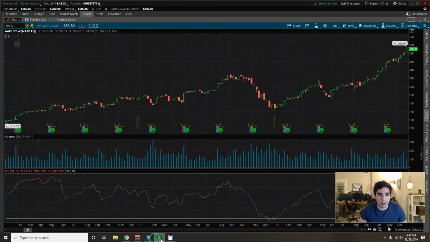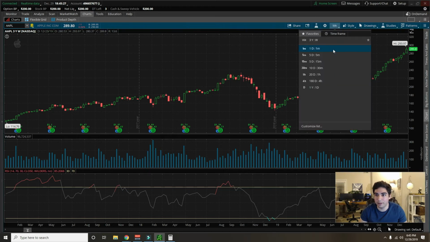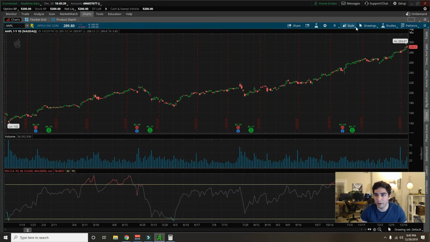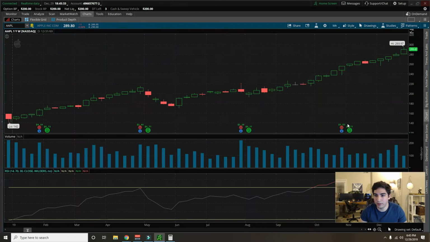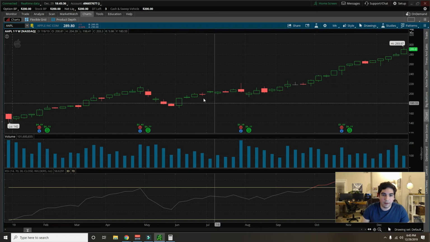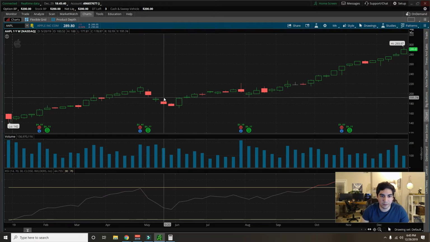If we look at Apple on this, the 3-year graph, let's look at a 1 year and by the week. This is when the trade deal, or the sanctions on China went down.